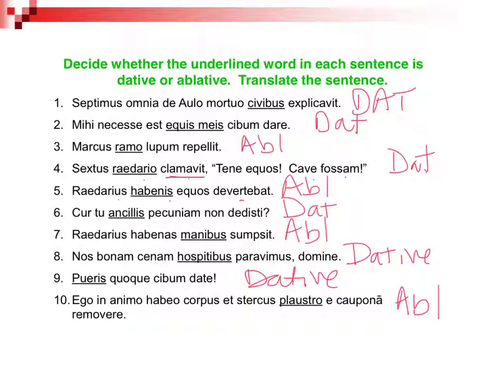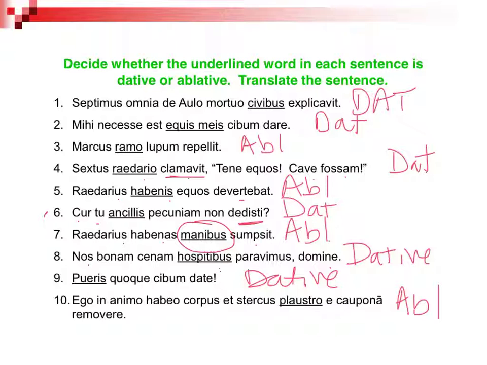Ablative of means. Number 6, cur, why did you not give money to the slave woman? So that's dative. Number 7, the carriage driver grabbed the reins with his hands. With is ablative. Ablative of means. Number 8, hospitibus is dative. We have prepared a good dinner for your guests, O master.